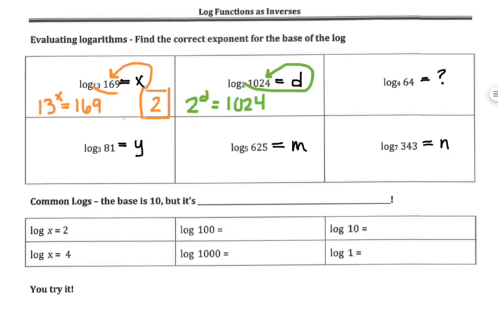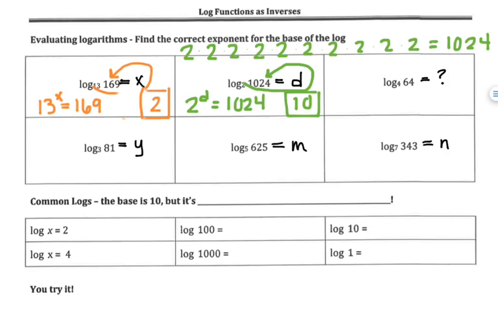And it turns out that I have to multiply 2 times itself 10 times. 6, 7, 8, 9, 10 to equal 1024. So my d value is going to be 10. And that's the answer when I evaluate this logarithm.